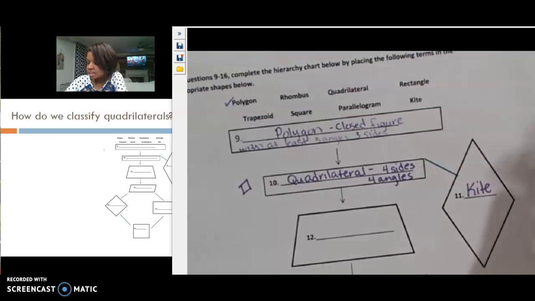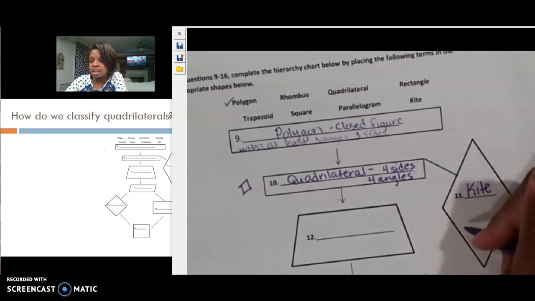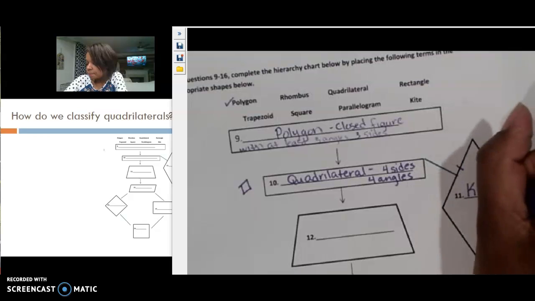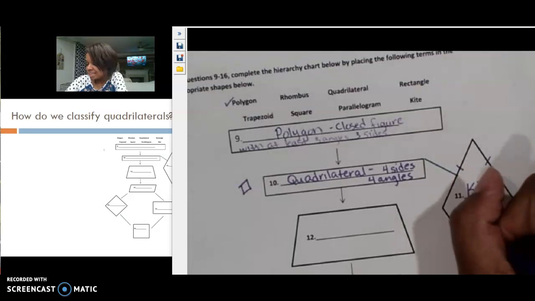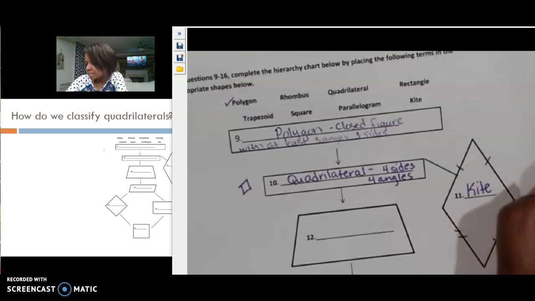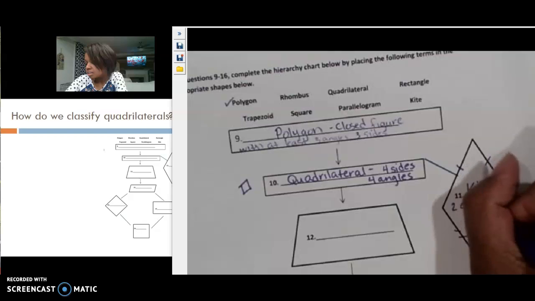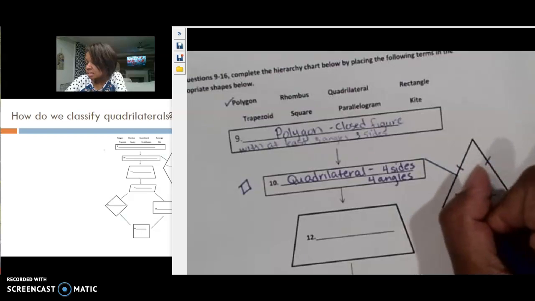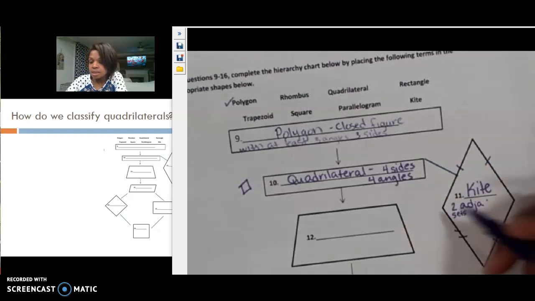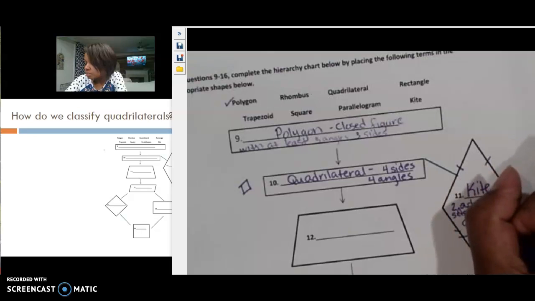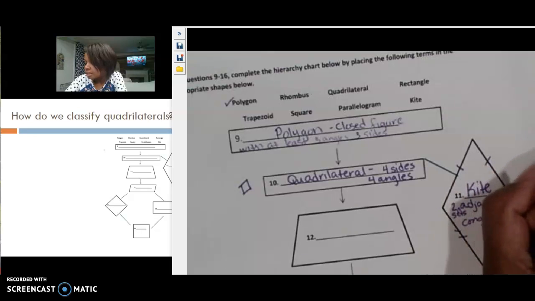It has opposite sides that are not congruent or parallel, but it has two adjacent congruent sides. So two adjacent, or two sets. I'm sorry, please make sure you have two sets in there. Two sets of adjacent congruent sides.